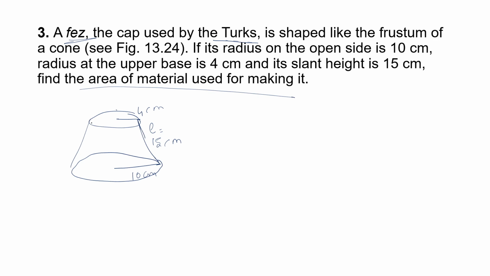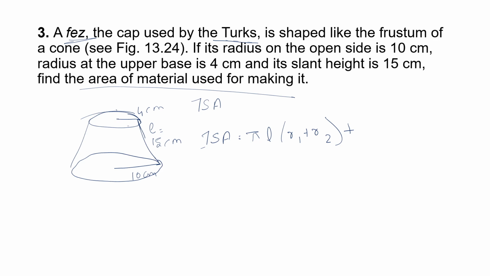So area of the material means all the sides should be covered. That means the question asked is total surface area. So you have to find the total surface area. So pi L into R1 plus R2 is the CSA, plus now we need the top only. Here the bottom is open, so no need to consider that.